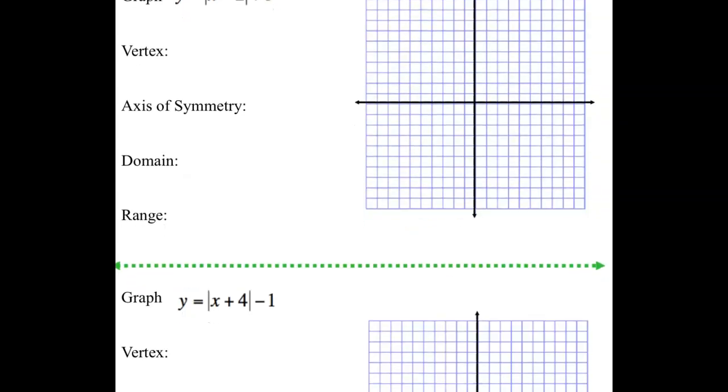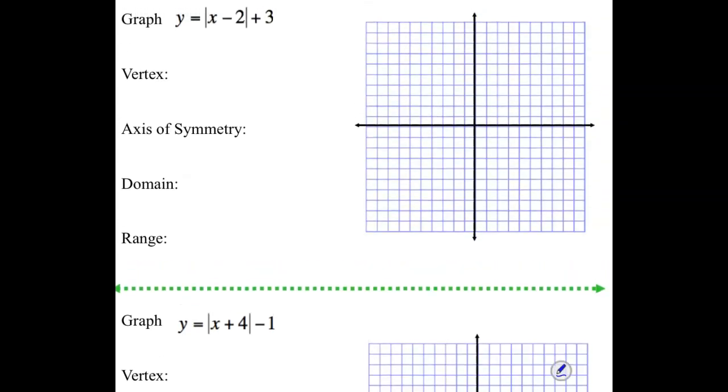All right, so for this first one, notice that our a value is 1, so we haven't stretched or compressed it at all, which means our slope on the right-hand side is going to be 1. Okay.